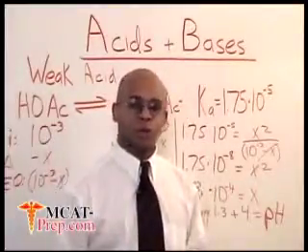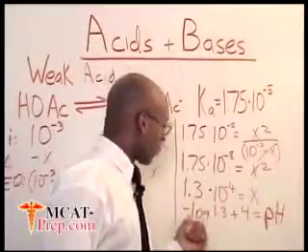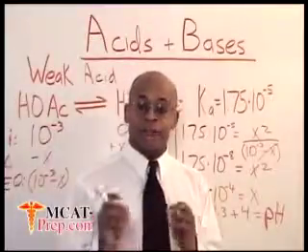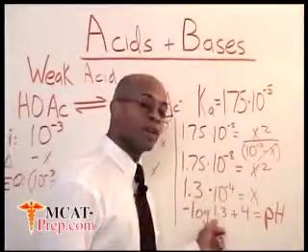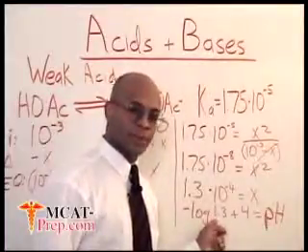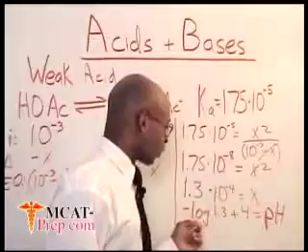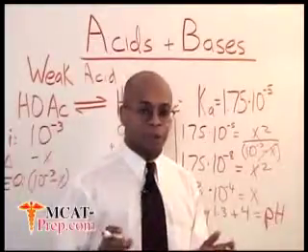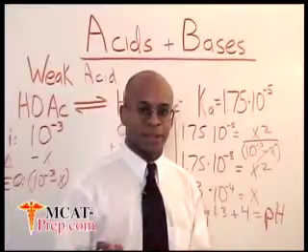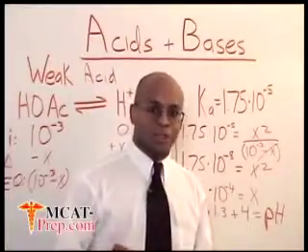Again, knowing your rules of logarithms, remembering that the log of 10 is 1. The log of 1 is 0. Therefore, the log of 1.3 is some number between 0 and 1, but very close to 0.